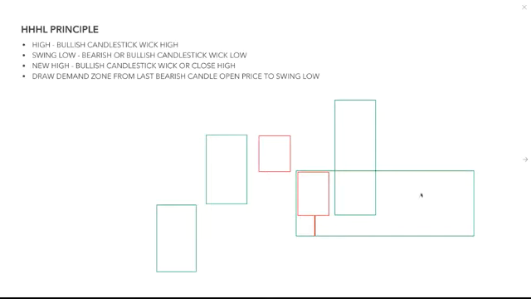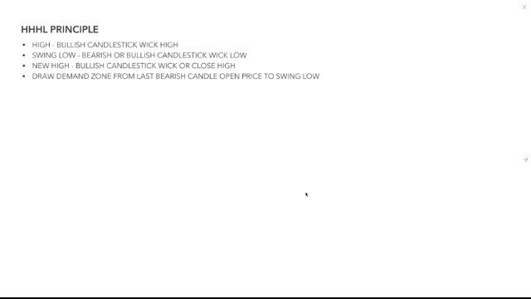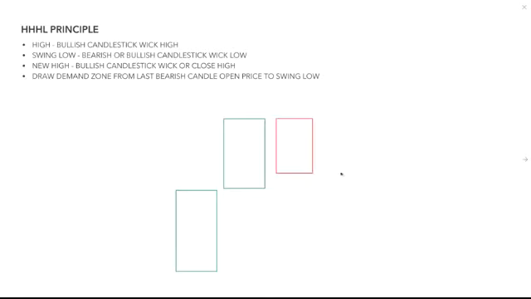Now if, for example, the swing low was a bullish candle, so let's say we had something like this, move down, and let's say we had something like this where we had a bullish candle, a bullish candle, and this was the swing low.